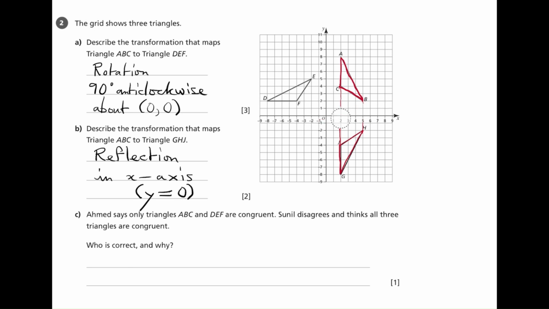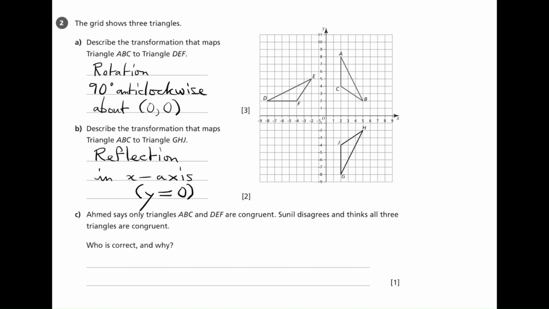And finally, part C. Are the 2 triangles congruent? Sunil disagrees and thinks that all 3 triangles are congruent.